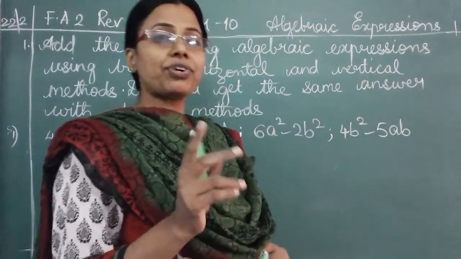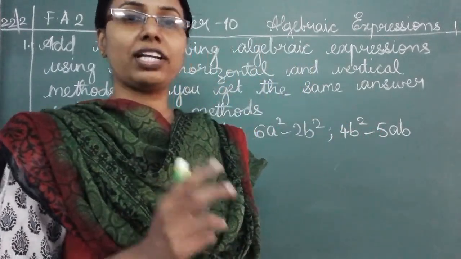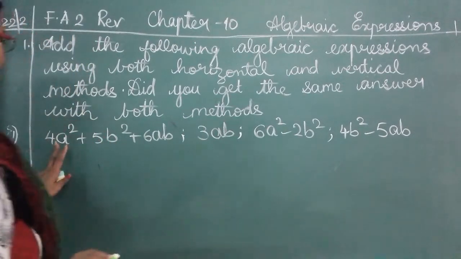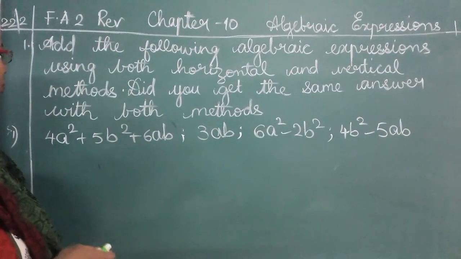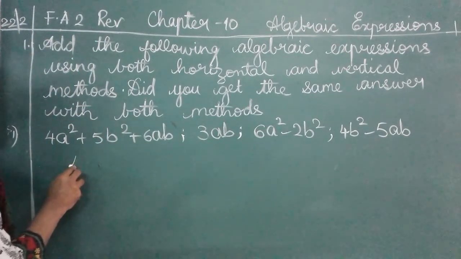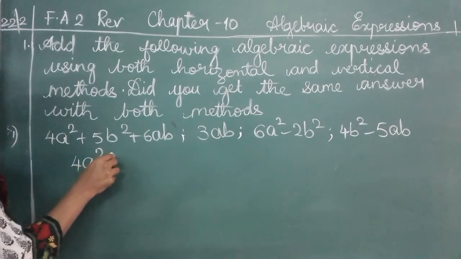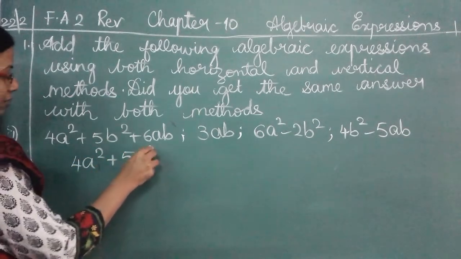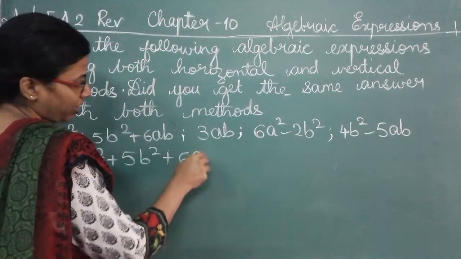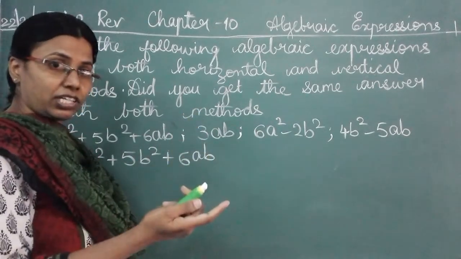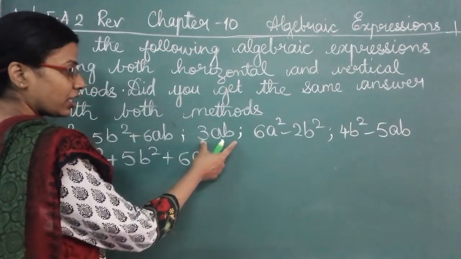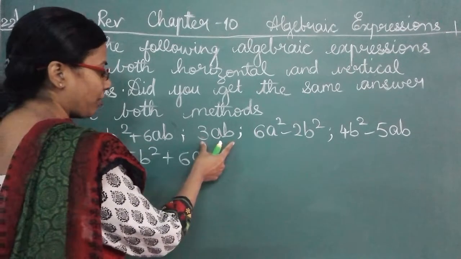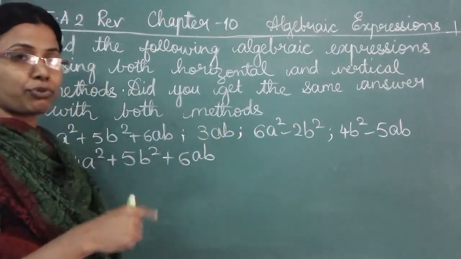Okay, so now first let's use the vertical method. When we are trying to use the vertical method, the first thing is copy the algebraic expression which is given. When you are writing the next algebraic expression, we are going to see where we have to write.